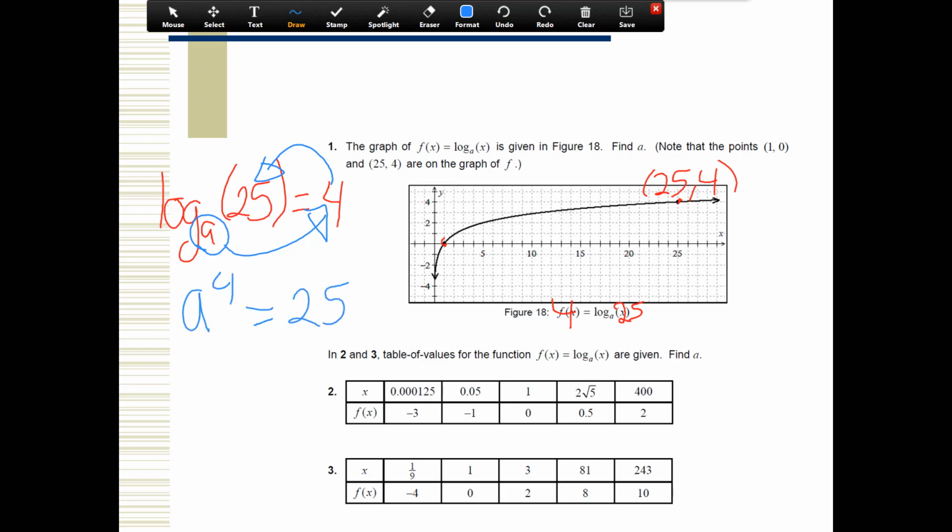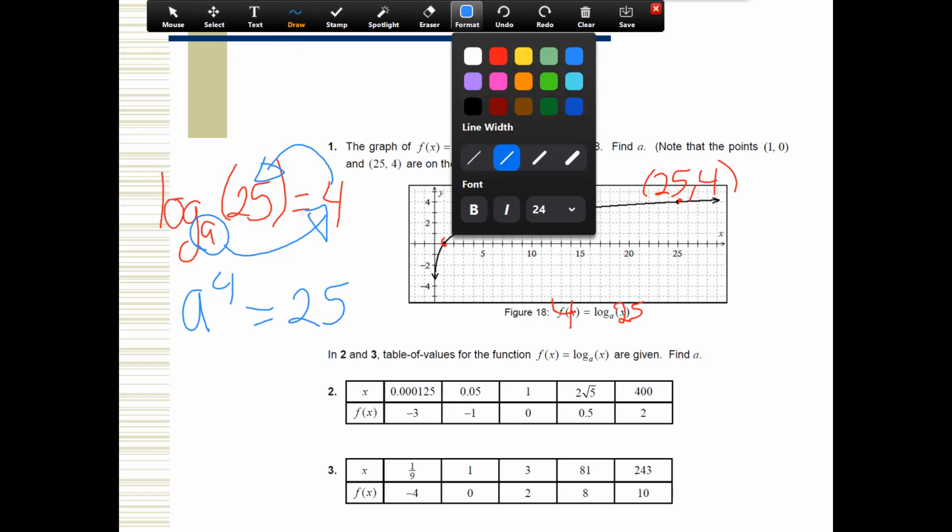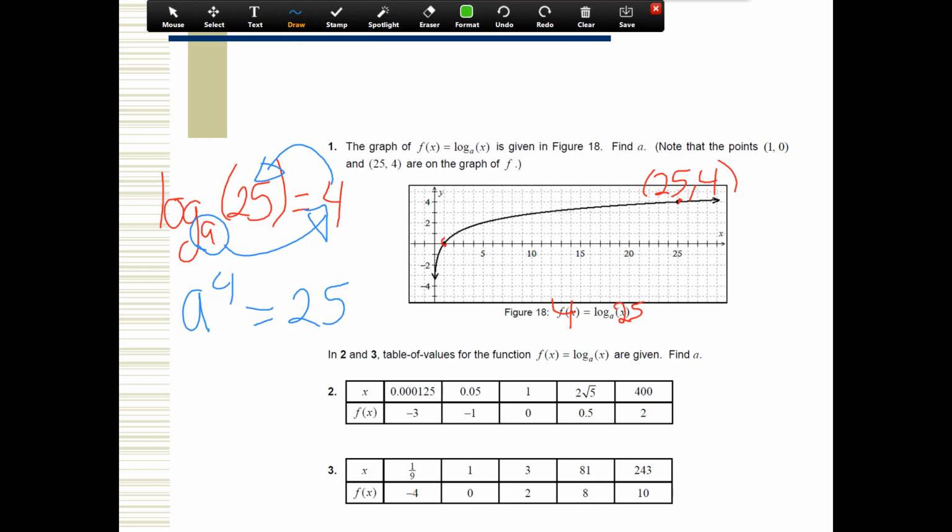Now, to solve this, we can do a fourth root or raise it to the 1/4 power. I'm going to actually raise it to the 1/4 power because that's going to be a little bit clearer for why we do what we do when we simplify. So I'm going to raise it to the 1/4 power because that's the opposite of raising to the fourth. And that's going to leave an A on this side.